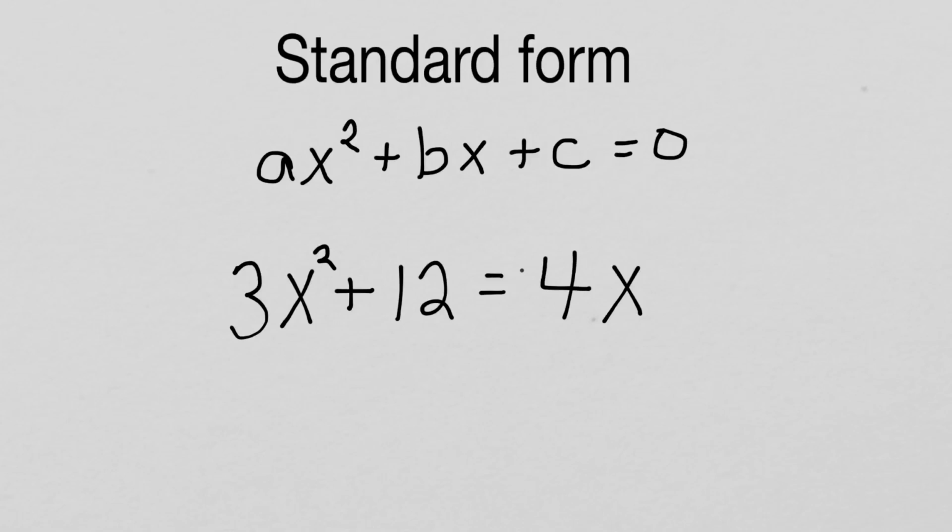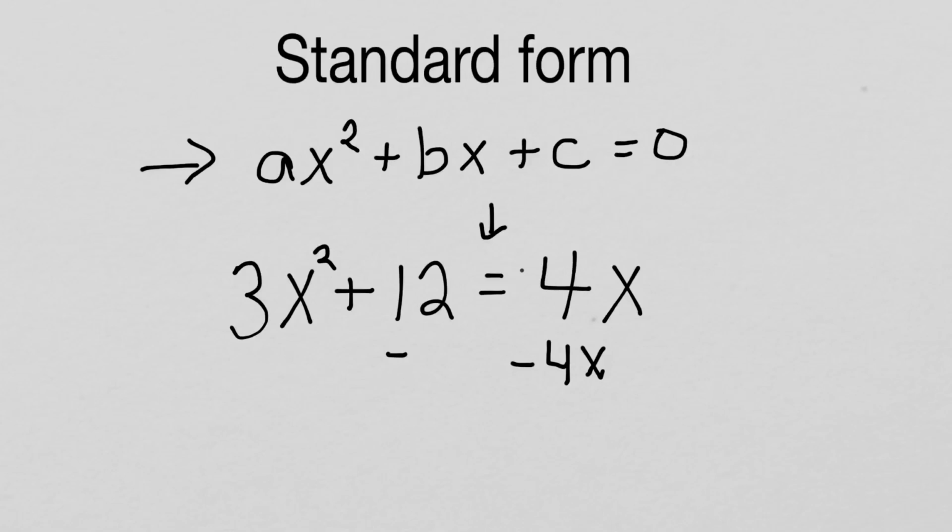Here's another one. I got 3x squared plus 12 equals 4x. I want to make it look like it's in standard form, so I want there to be 0 on the right side of the equal sign. So I'm going to subtract 4x. I can do that. 4x is one object.